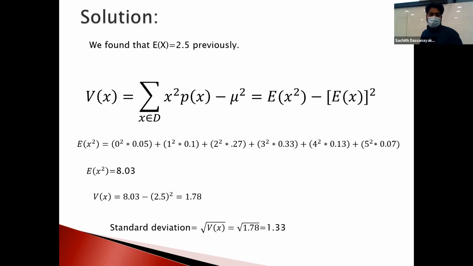I'm sorry, I cannot edit it here, but it is 0.15. I'll edit this and re-upload it to the same place later today. Plus, likewise up to the fifth one, x5, which means 5 squared times its probability 0.07. Add those individual terms together and you can find the expected value of X squared. Not the variance, X squared only.